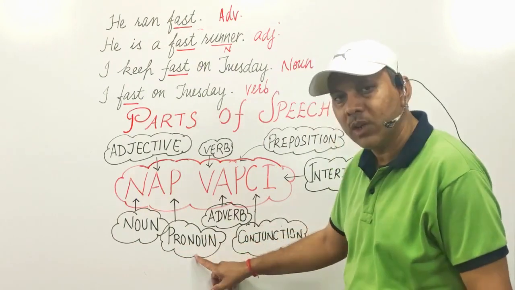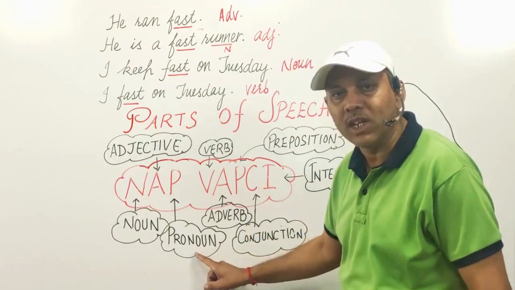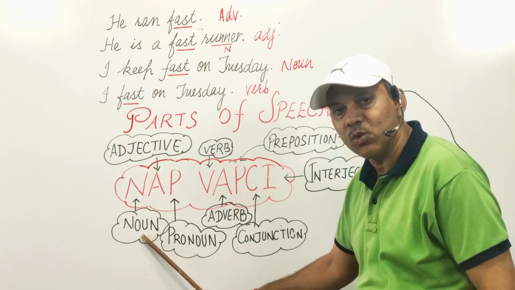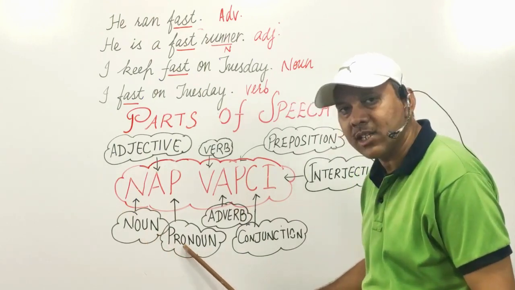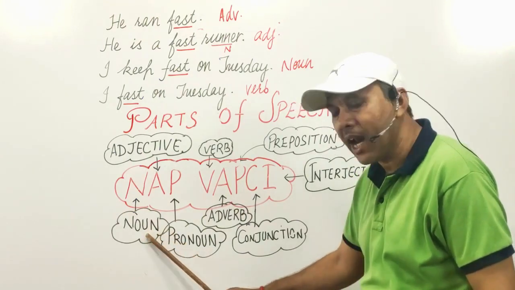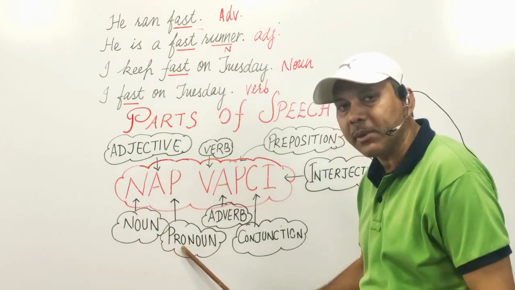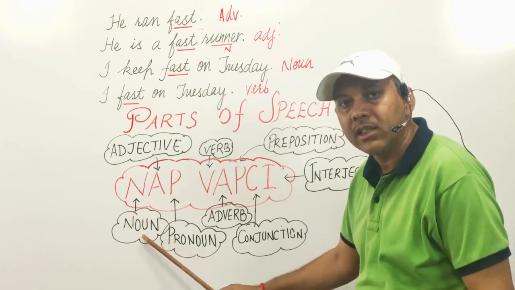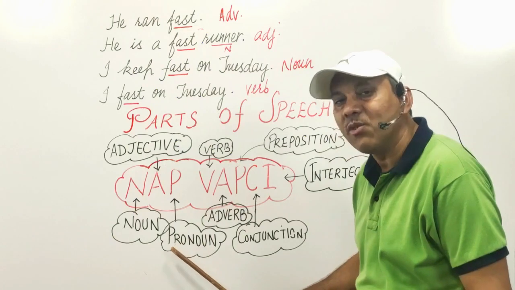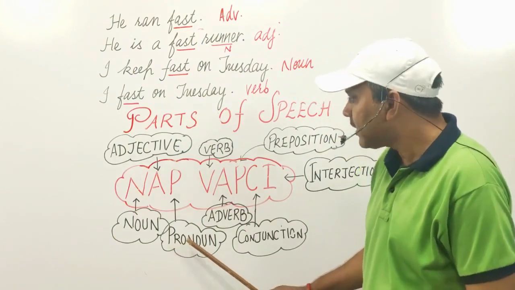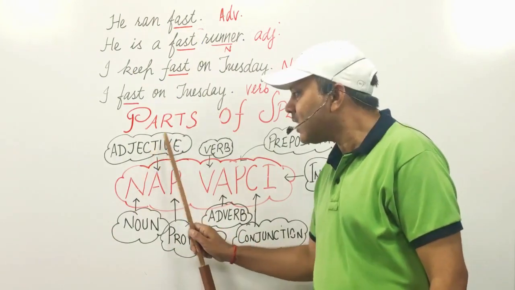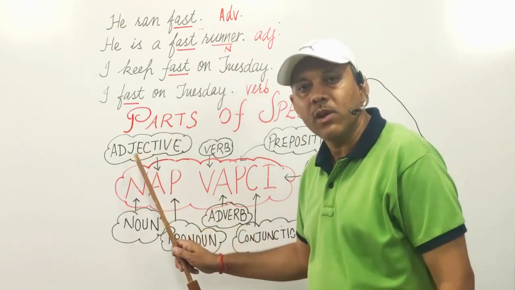Next is pronoun. Pronouns are replacing words. They replace nouns. Pronouns are the words which can be used in place of noun. Why? To avoid the repetition of noun in the sentence or to bring a variety to the language. The third is adjective. Adjectives are known as describing words.